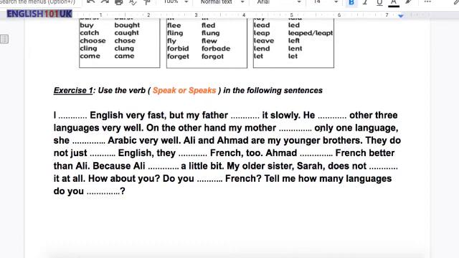She speaks Arabic very well. Ali and Ahmad are my younger brothers. They do not speak just English, they speak French too. Ahmad speaks French better than Ali because Ali speaks a little bit.